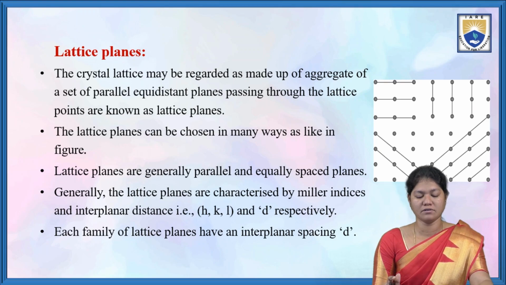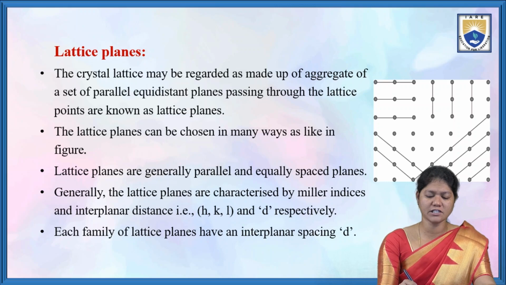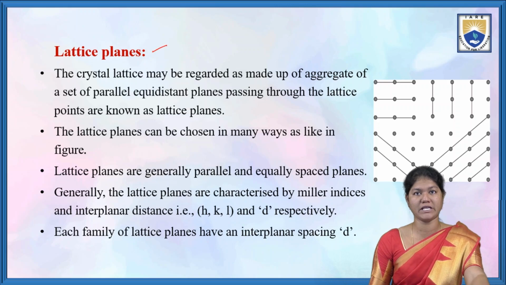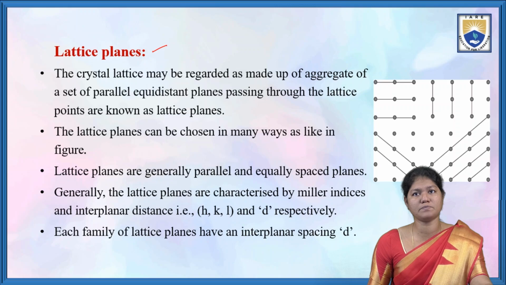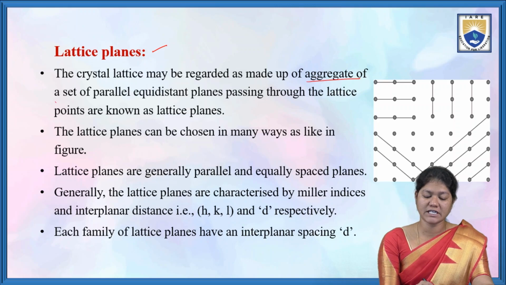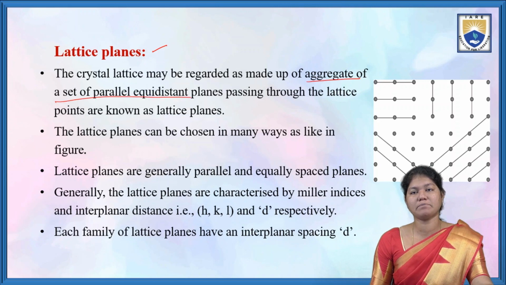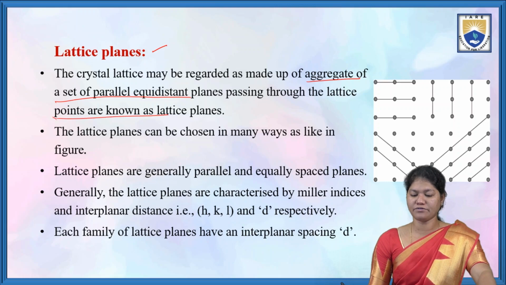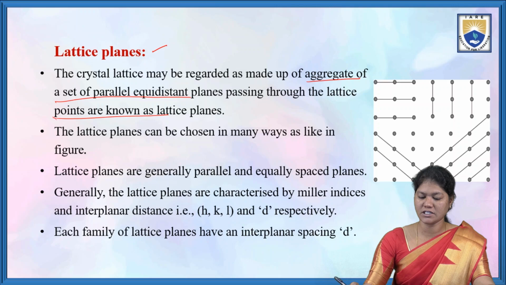In crystal systems, we now see lattice planes. The crystal lattice may be regarded as made up of an aggregate of a set of parallel equidistant planes passing through the lattice points. In the figure you can see the crystal lattice.